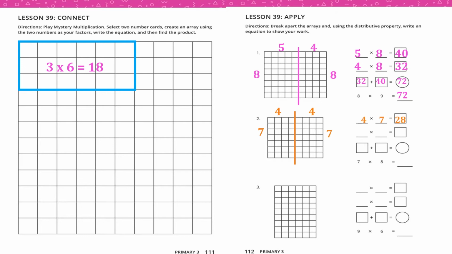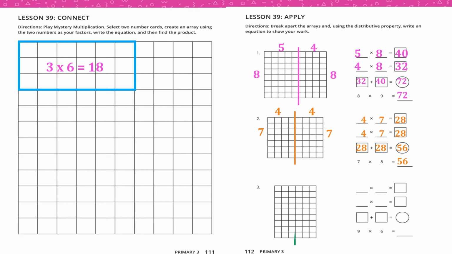So 4 times 7 equals 28, and 7 times 4 or 4 times 7 again 28 for the next array. I will add the products, 28 plus 28, 56. If I didn't split it, how many rows and how many columns? 7 rows and 4 plus 4, 8. So 7 times 8 equals 56, which is the same here.